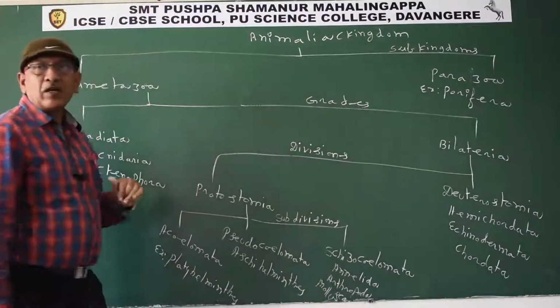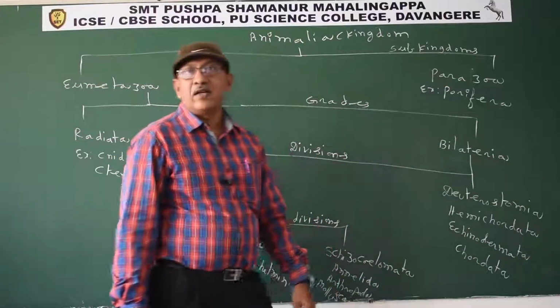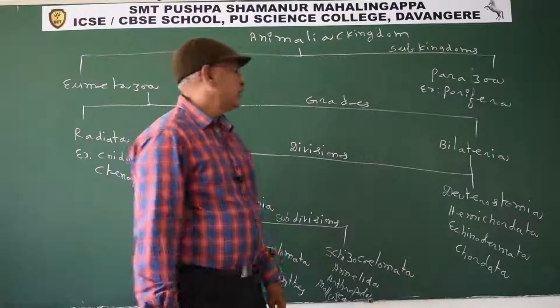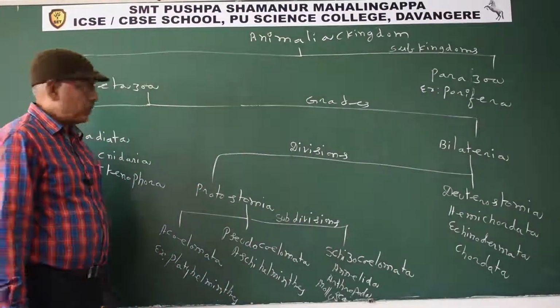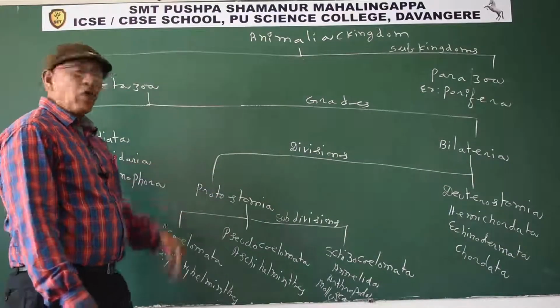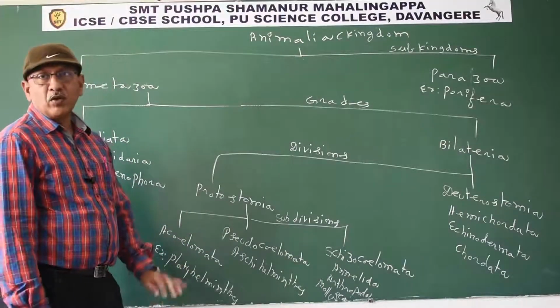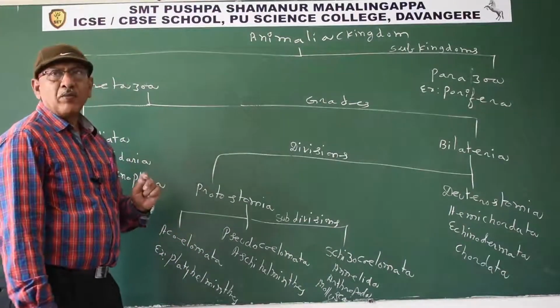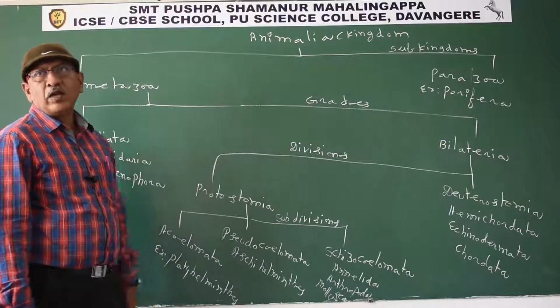Members of Eumetazoa that exhibit bilateral symmetry are included in the grade Bilateria. The grade Bilateria divides into two divisions, Protostomia, Deuterostomia. What is proto? Proto means first, stoma means mouth. During the development, if the first opening develops into mouth, they are known as protostome.